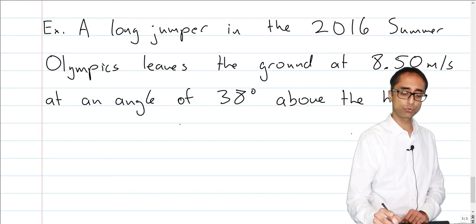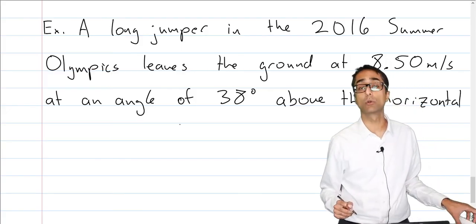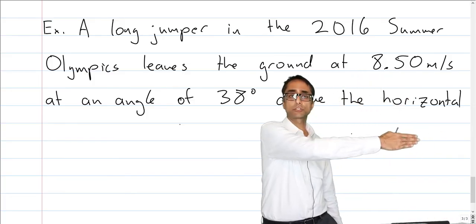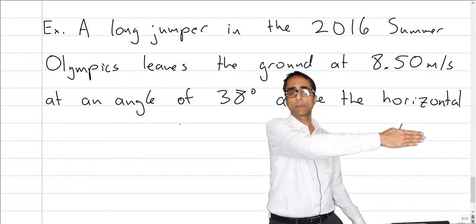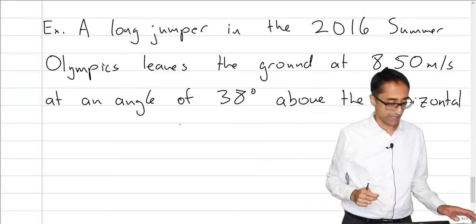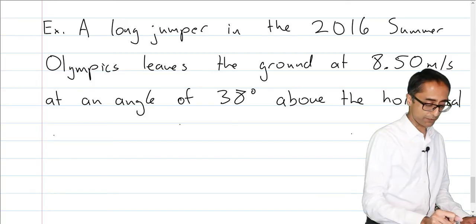That's the common way to describe that angle in just regular words. We have a horizontal in the positive X direction. It doesn't really matter which way, but it's the horizontal, and it's 38 degrees above that. And so your question is, how far did she jump?